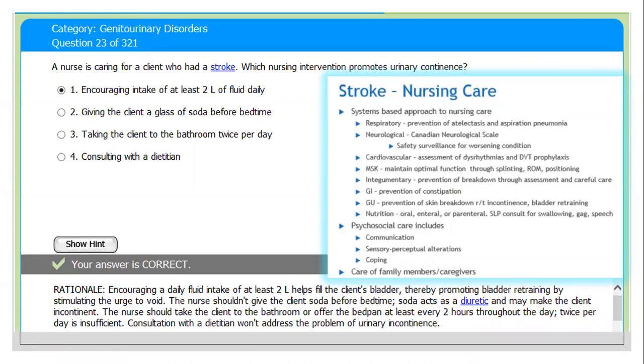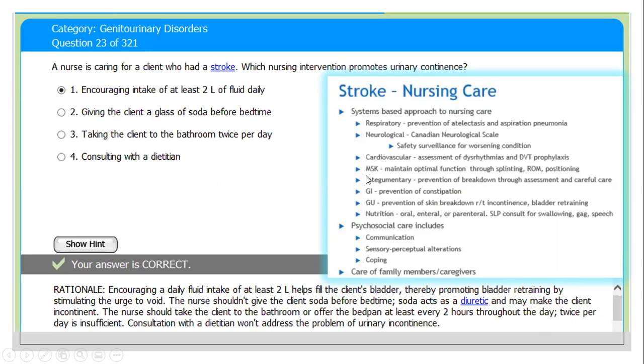Safety is important. Safety is a priority, and we always try to prevent falling. Also cardiovascular assessment for dysrhythmia, and we try to prevent deep vein thrombosis. We give them prophylaxis medication.